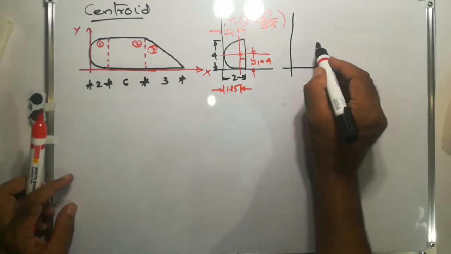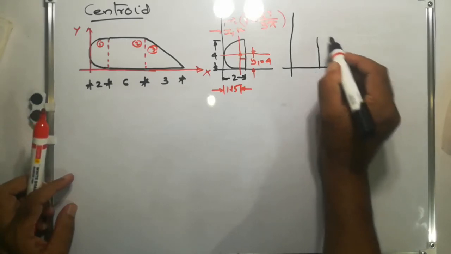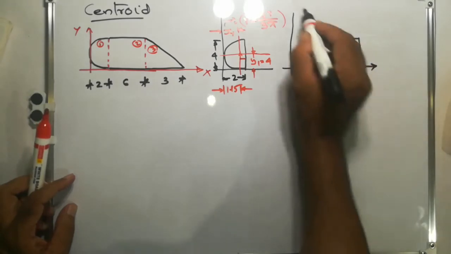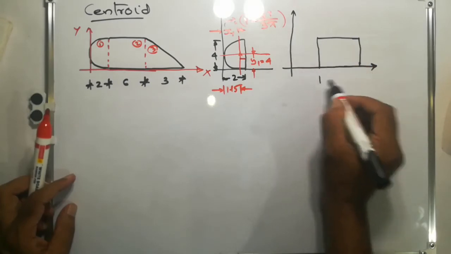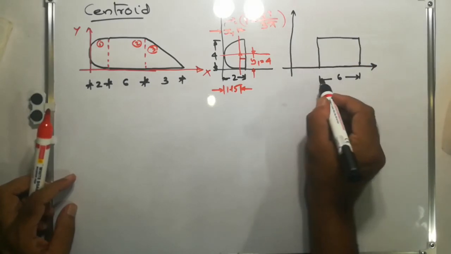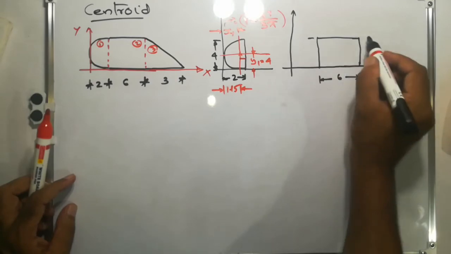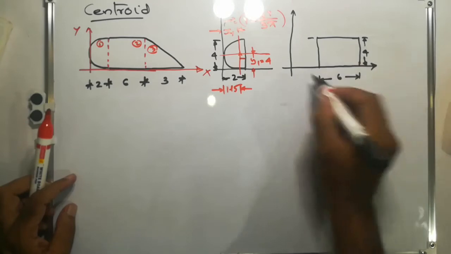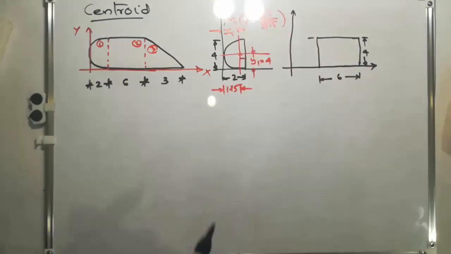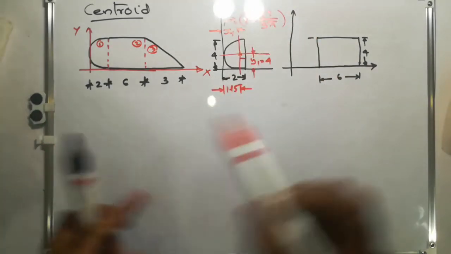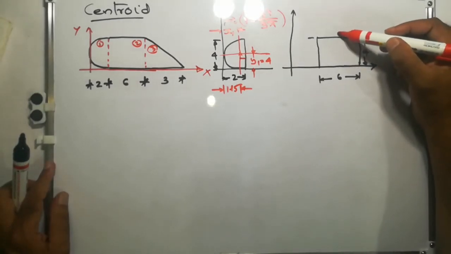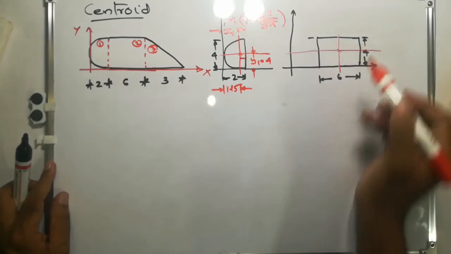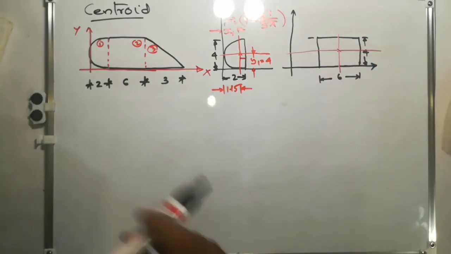Then the second area is a rectangle with dimensions 6 centimeters and 4 centimeters. Its height is the same as the diameter of the semicircle. So its centroid will be here, this is the centroid of that area, its own centroid.